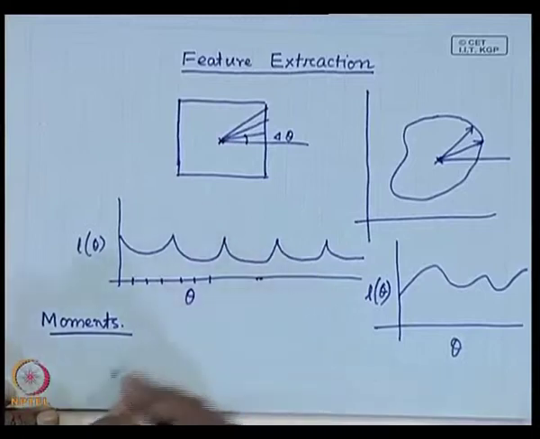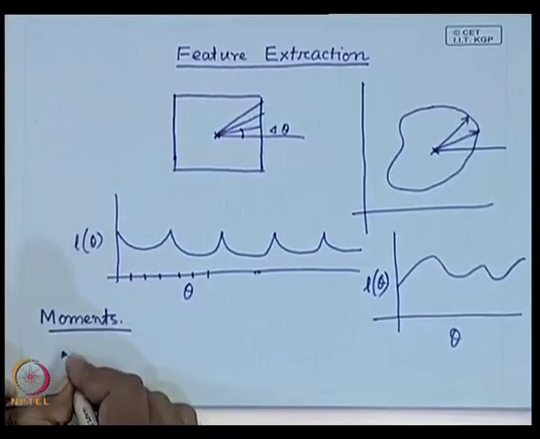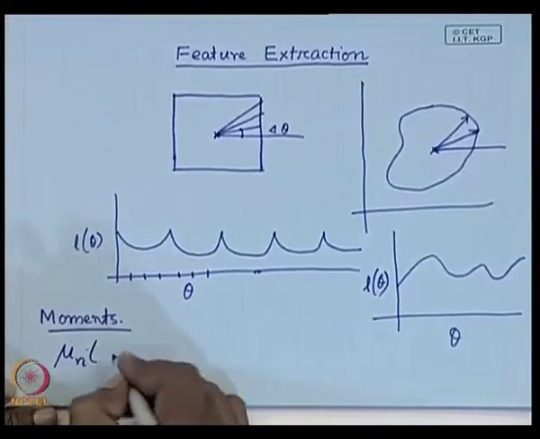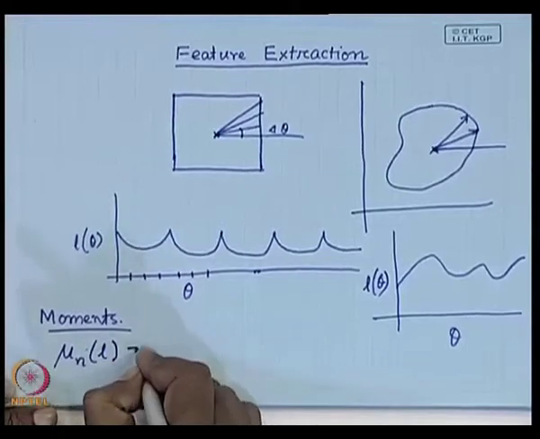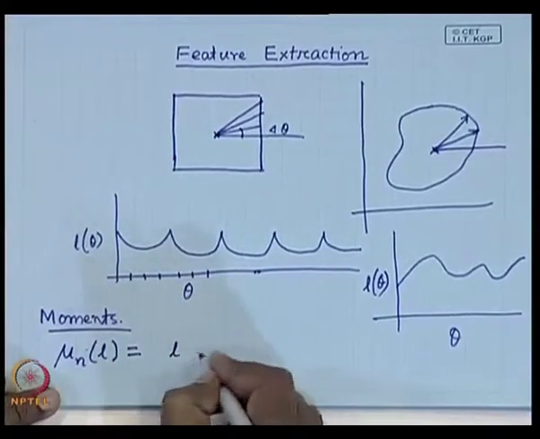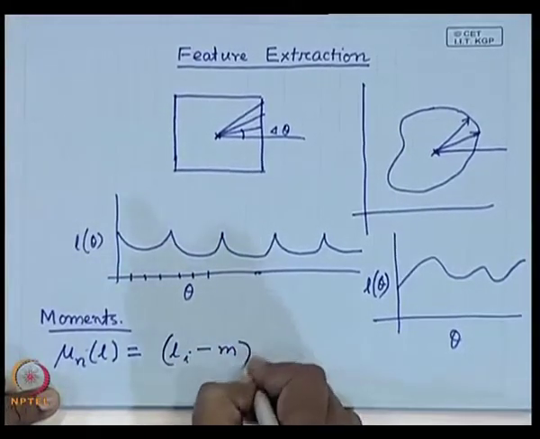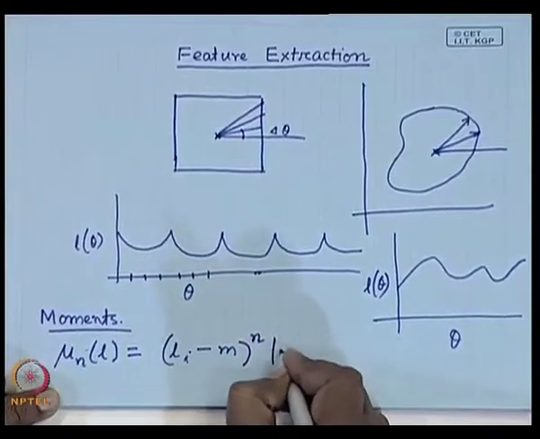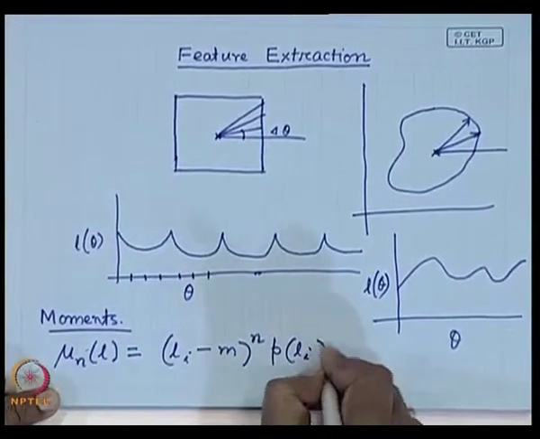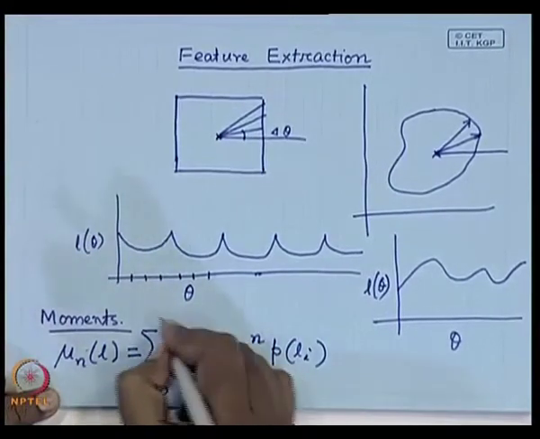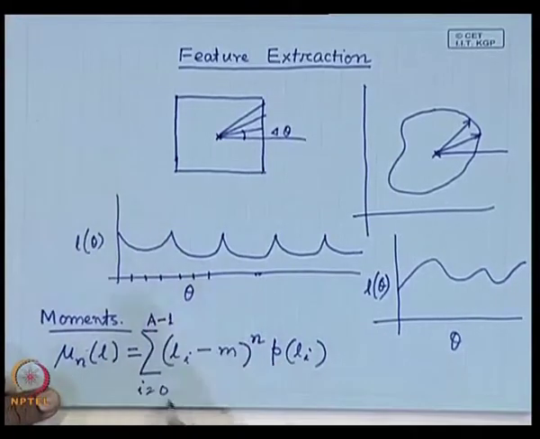So, a moment of order, say, n is given by mu n of L, which will be nothing but the summation of (L_i minus m) to the power n into p of L_i, for i varying from 0 to, say, capital A minus 1, where capital A is the number of samples that I have within this pattern.